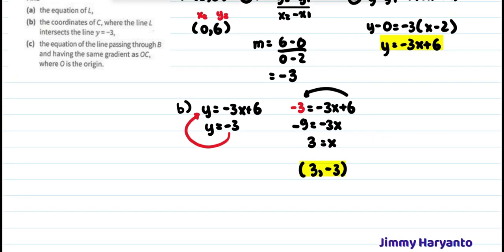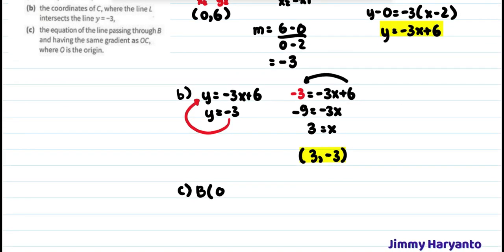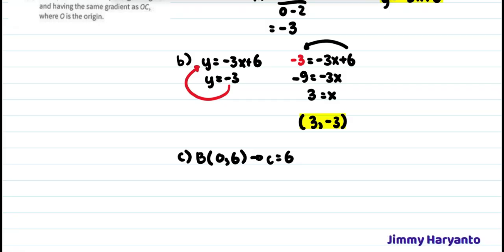Next, the equation for the line C passes through B. The line passes through B, which is B (0, 6). (0, 6) is the y-intercept, because it's the y-intercept. That means we can tell that c equals 6. Later we only have to find the gradient, having the same gradient as OC. Okay, we have to find the gradient of OC first. O is (0, 0).